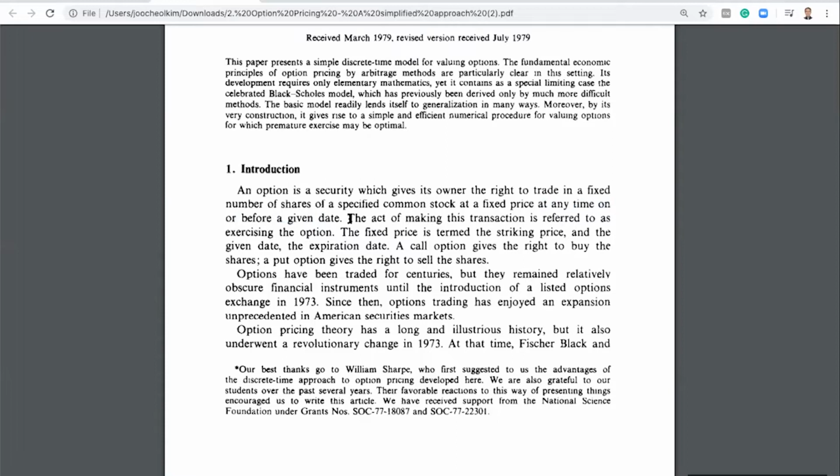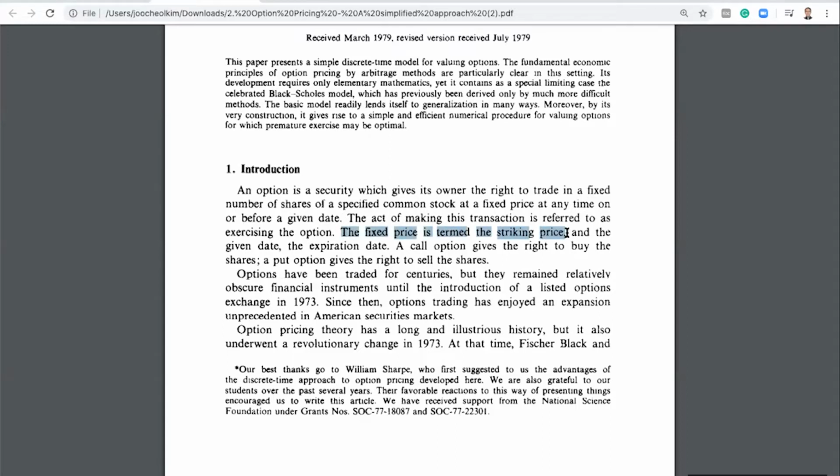The next sentence says the act of making this transaction is referred to as exercising the option. For European options, you can exercise on a given date only. But for American options, you can exercise your option at any time you want once you have one. The fixed price is termed the striking price.